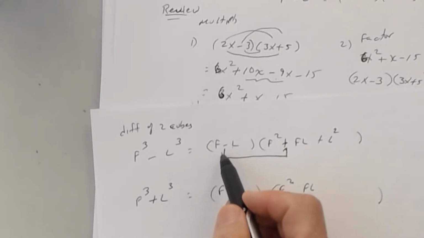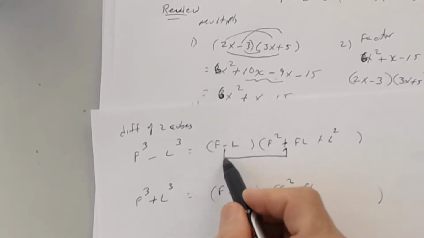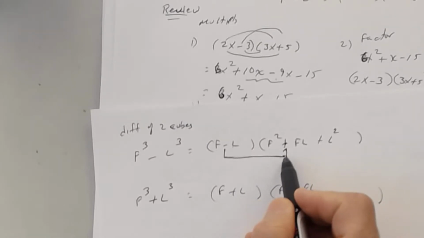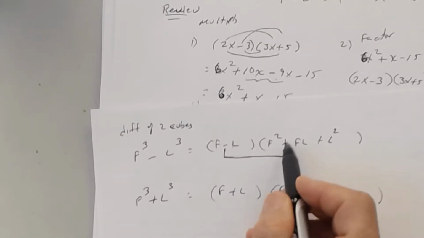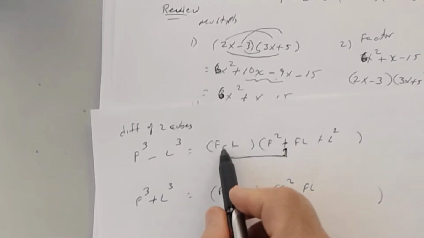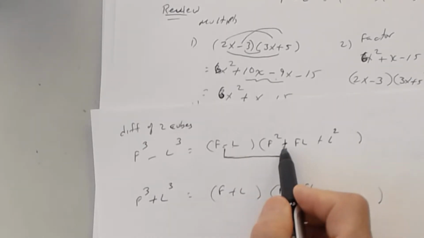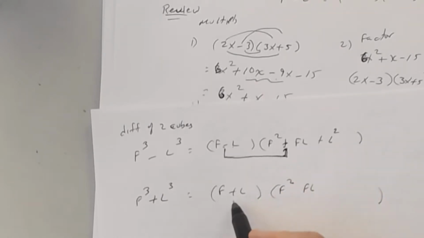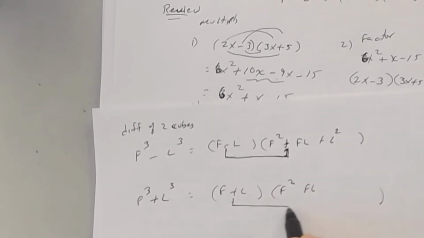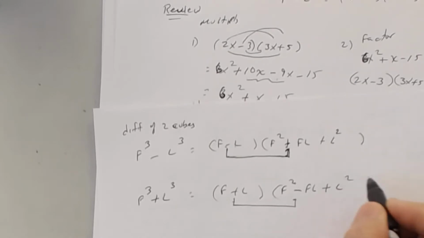Subtraction, you see a subtraction, right? So I drew this arrow right here. And I said for the middle term, you do the opposite sign. So if this is subtraction, this is going to be what? Addition. Over here, look what I'm pointing to. This is addition. This is going to have to be what? Subtraction. And then the last term is the same.